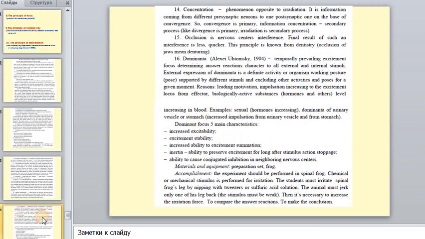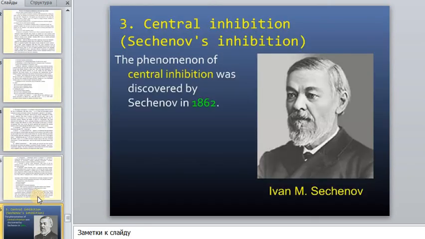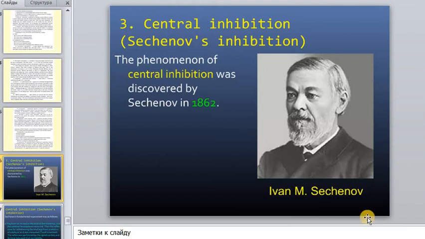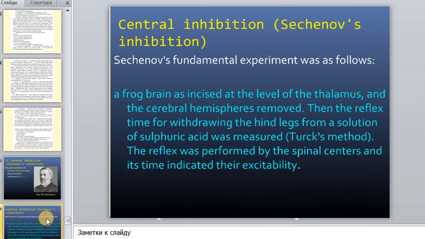Now what we have is central inhibition, Sechenov's inhibition, this phenomenon, and the lab work for this central inhibition. We have, as you see, the Russian scientist Sechenov.